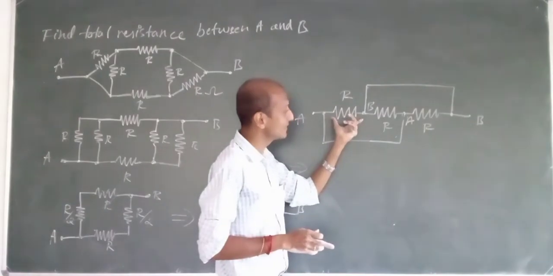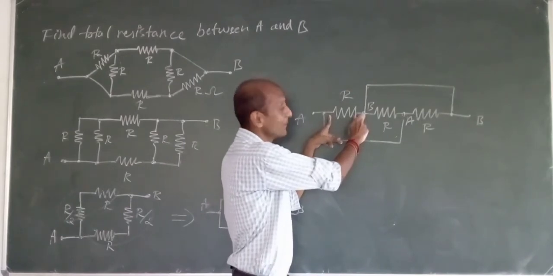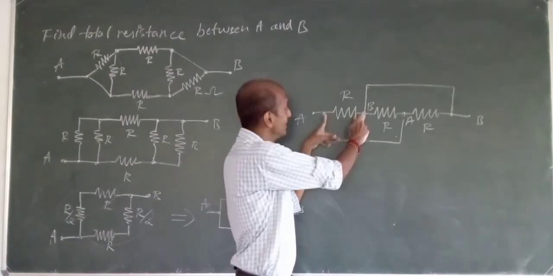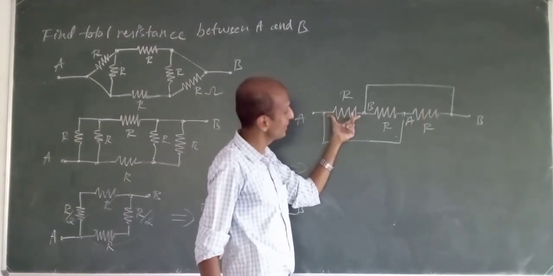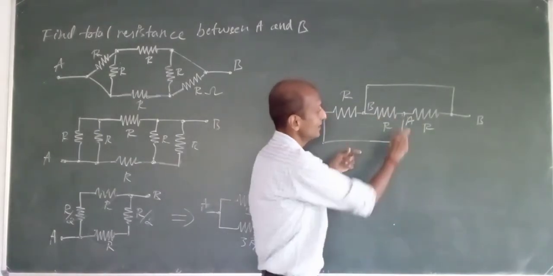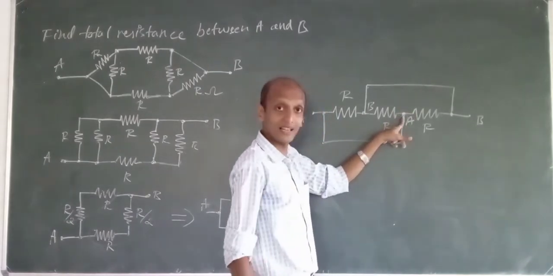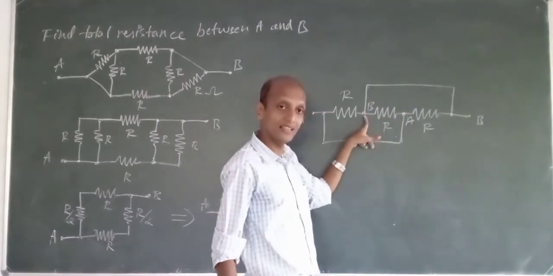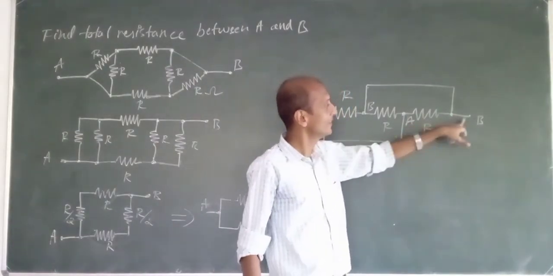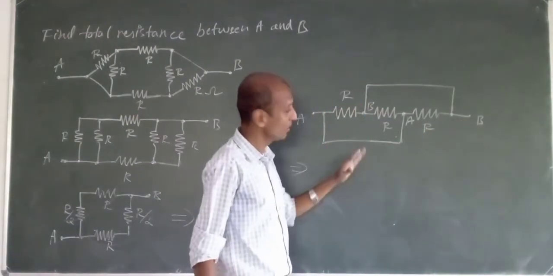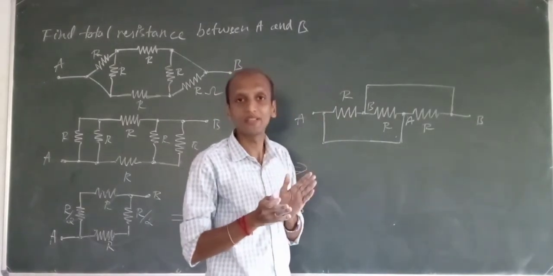So now here I can see this resistance. To this end it has point A, and to this end it has point B. Again, for this resistance, at this end I have point A, and at this end I have point B. And coming to this resistance, this end I have point A, this end I have point B. So that means all the three resistances come between point A and B. Correct or not?